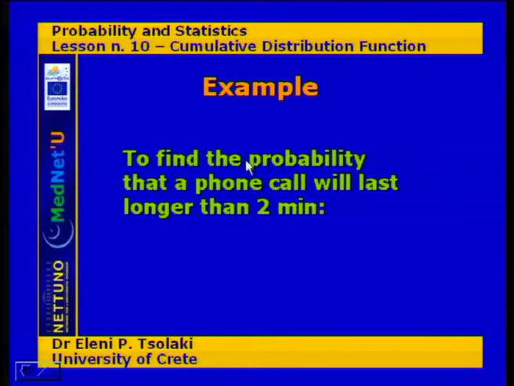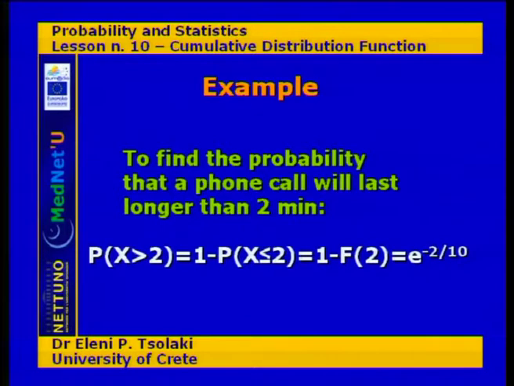Now to find the probability that a phone call will last longer than 2 minutes, we calculate the probability of x greater than 2, which is equal to 1 minus the probability of x less or equal to 2.